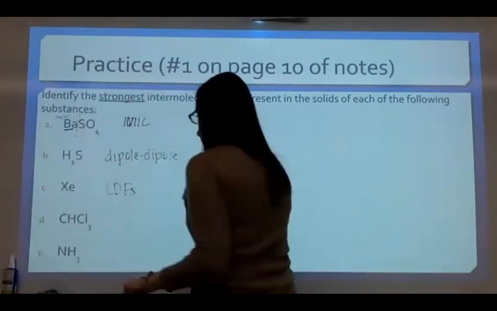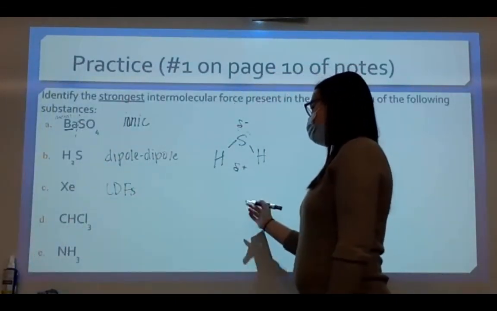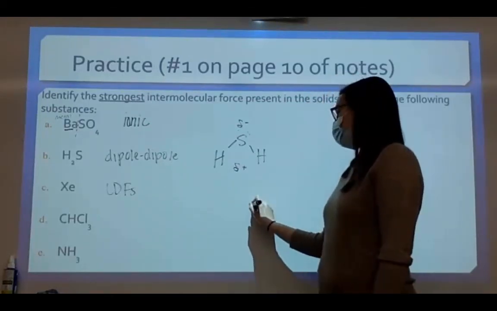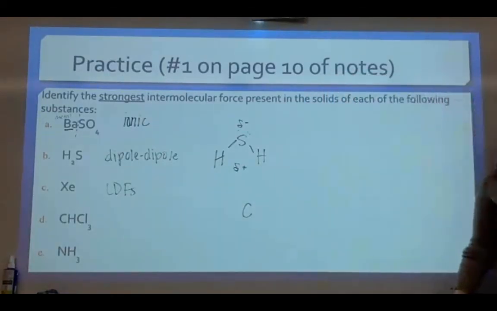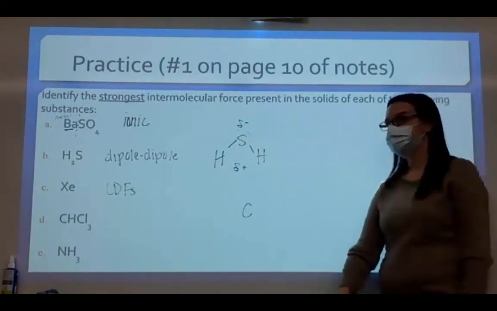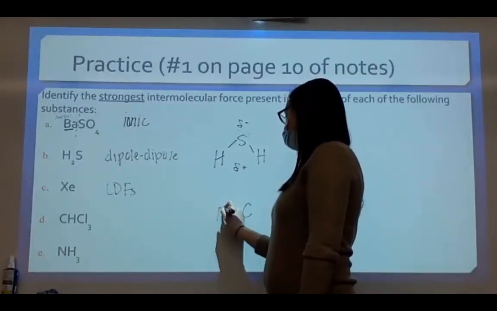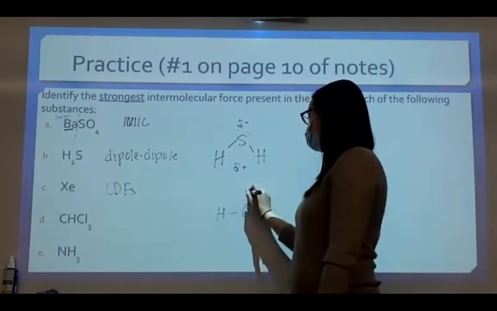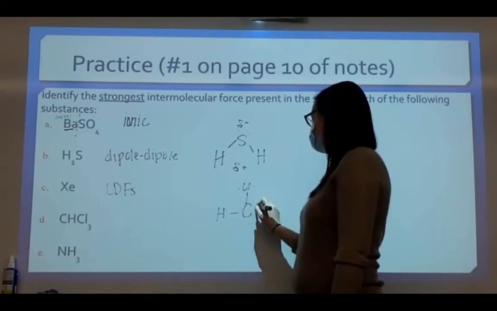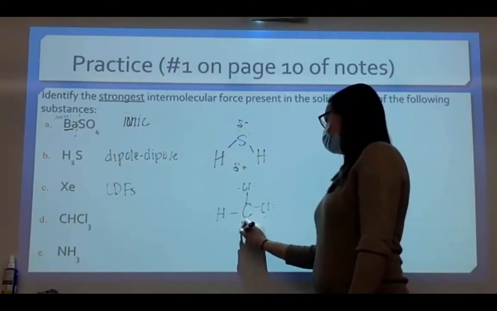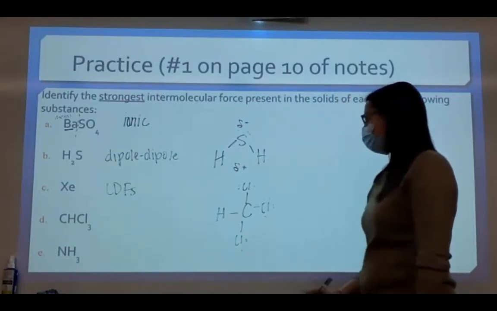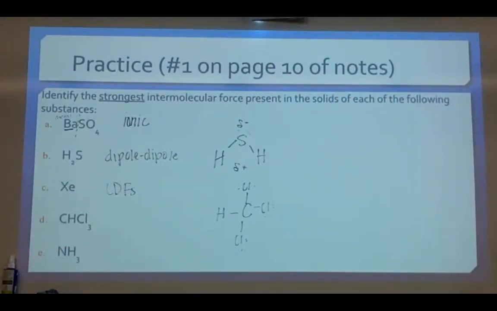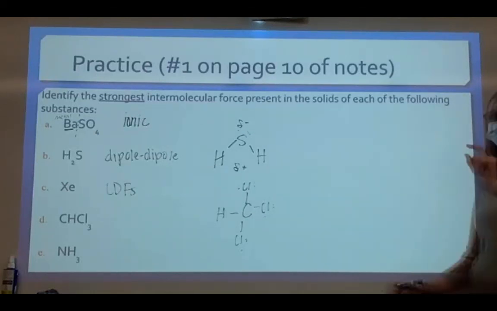Right, so then we have CHCl3. Again, we're going to draw the Lewis structure. Carbon is going to be the central atom because it's the least electronegative. So now we're going back and reviewing some Lewis structures too. We have 1 hydrogen and 3 chlorines. So this is a tetrahedral molecule. However, not all of the atoms are the same. Tetrahedral molecules are nonpolar if all of the atoms are the same.